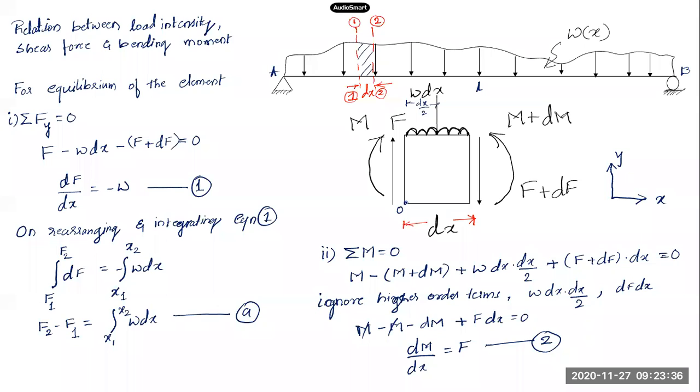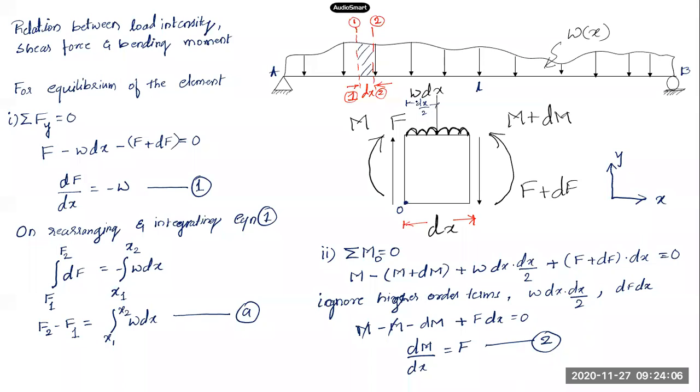Taking moment about this point O on the left side of this section, because of all the forces, the summation of moments about point O should come out to 0. So one moment is this m in clockwise direction. And this moment, which is on the right side of the section, is in anti-clockwise direction, so minus m plus dm is taken here. And due to the load on the element, what is the moment?